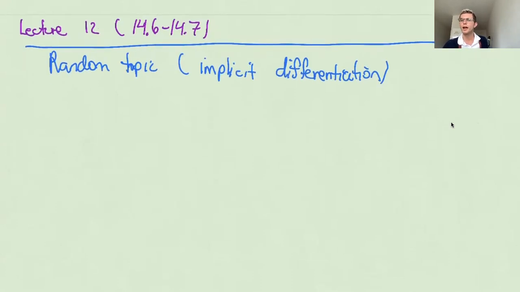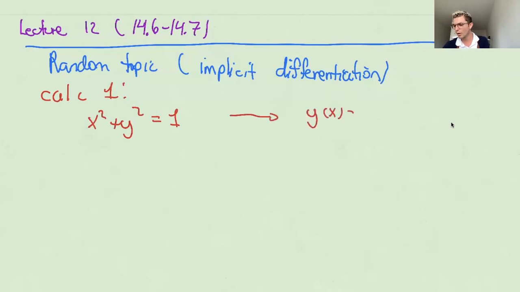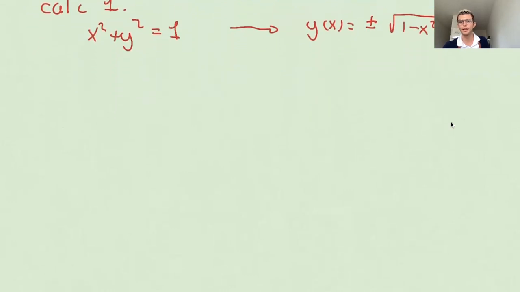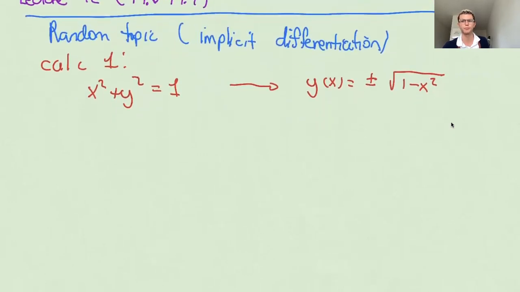I don't know if you remember, the good thing is it's very similar to what you did in Calc 1, I guess. Or maybe Calc 2, I don't remember where you do this. I think Calc 1. So if you remember from Calc 1, say you had the equation of a circle, right? That secretly allows you to think of y as a function of x. So this would allow you to find the derivative of y with respect to x.